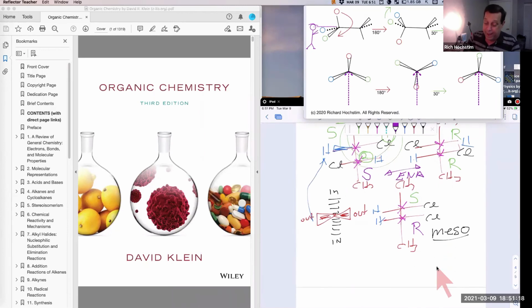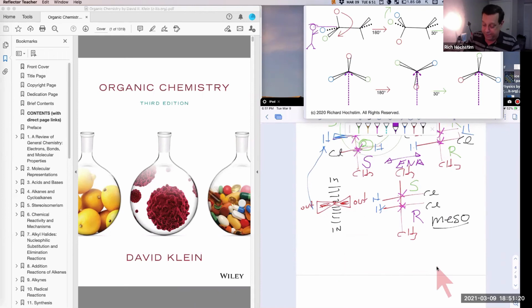Now, let's go ahead and name this right over here, okay? So it's a meso compound, so what we're going to do is do it alphabetically. R comes before S, and so we would number it to get the R first. So when we number this, let's use this color here: 1, 2, 3, and 4.